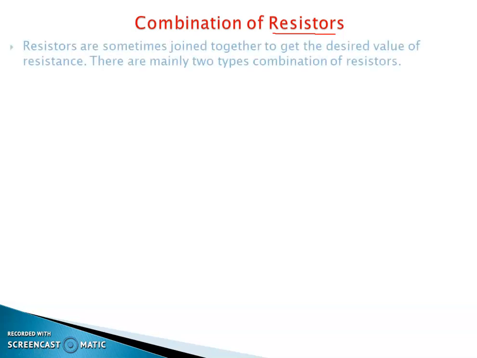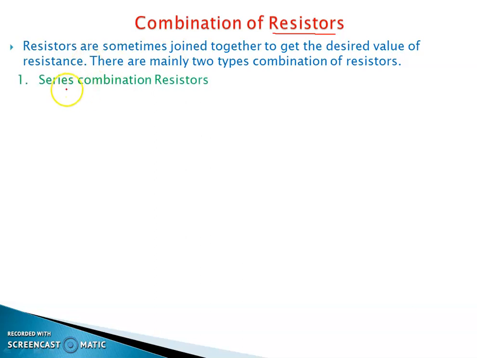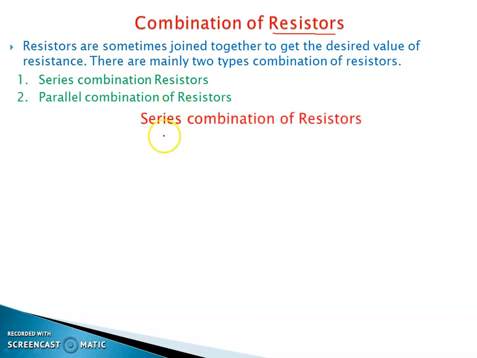So there are two combinations of resistances. Number one, series combination of resistors, and number two, parallel combination of resistors. First of all, we are discussing the series combination of resistors, right?